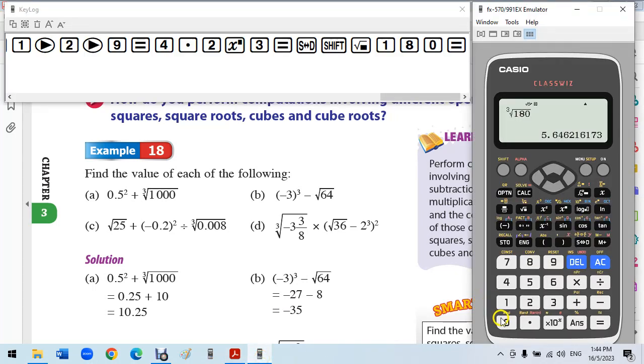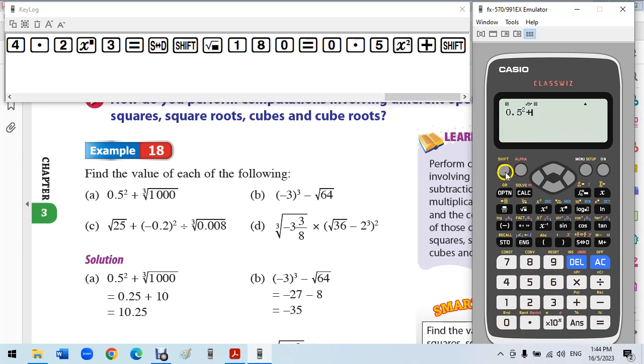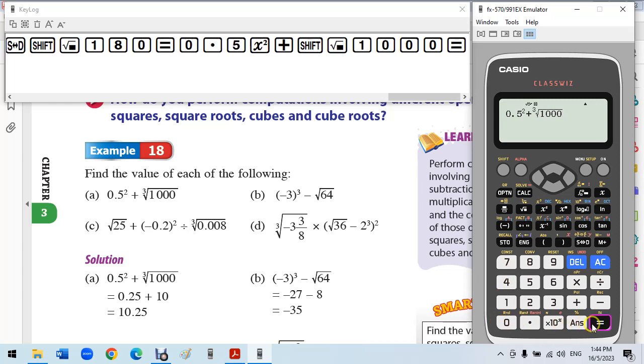so this one we have the 0.5 square plus cube root of 1000. Then the answer is 10.25.